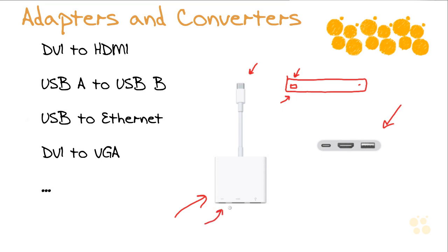Here is where you can connect power, here is where you can connect HDMI, and here's where you can connect old school USB. Remember, this is a USB-C, so this is a brand new connector type and a port type. So we have an adapter to take this device that has so ridiculously few ports and add port functionality to it.